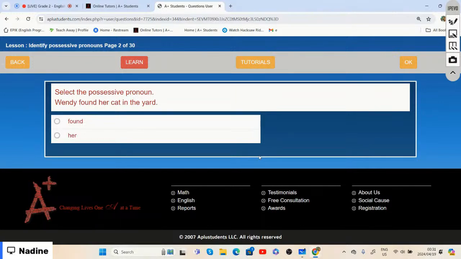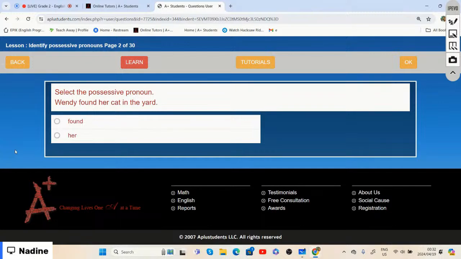Remember, possessive pronouns are words like your, hers or her, his, theirs, ours, right? Those are possessive pronouns. Wendy found her cat in the yard. We need to select the possessive pronoun. Is it found or her?